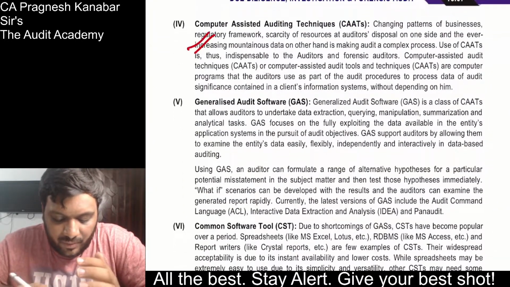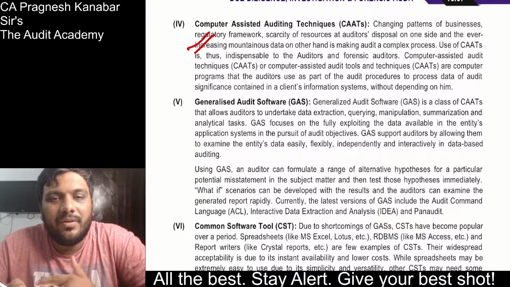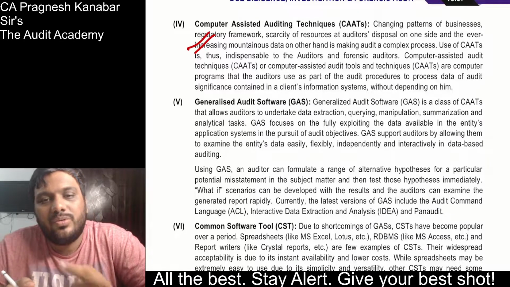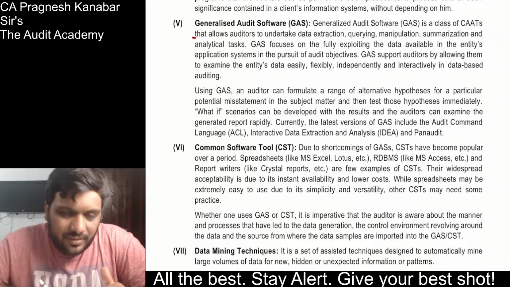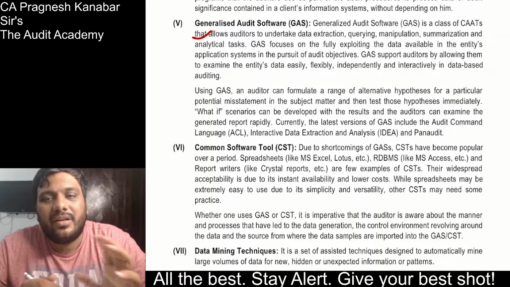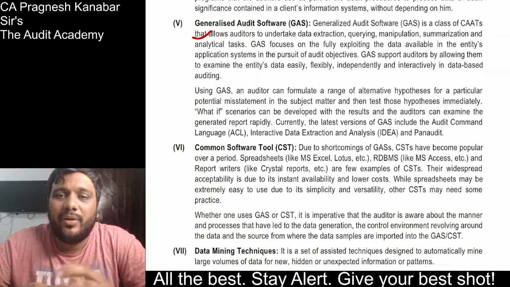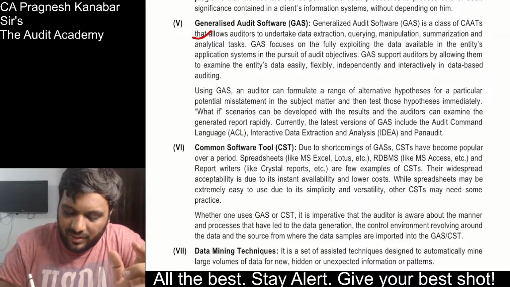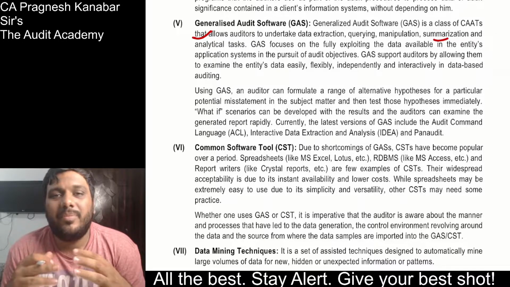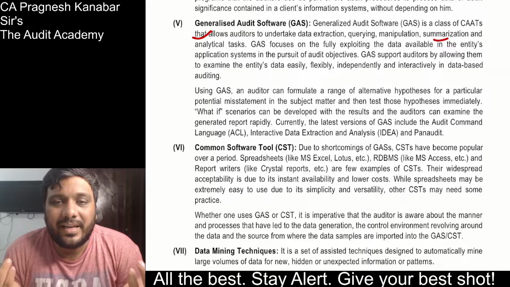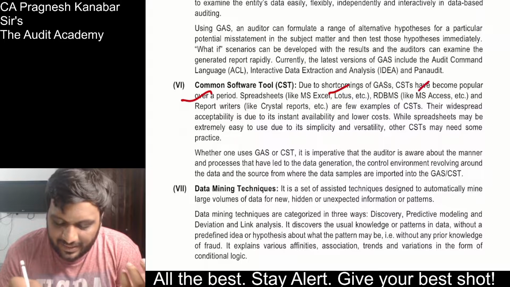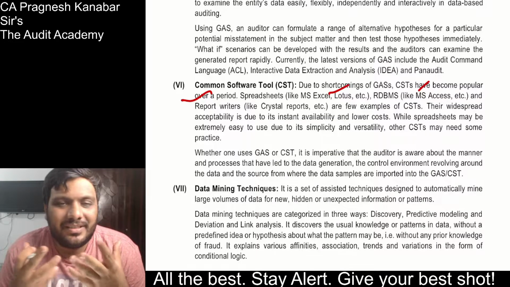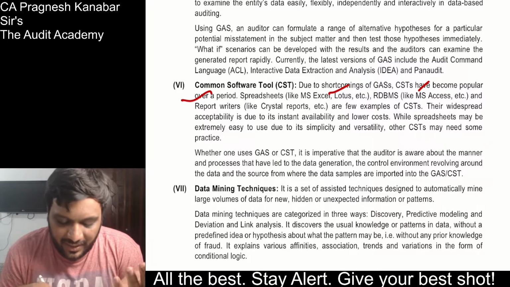Next, CAT, computer assisted audit techniques, which we use in audit in an automated environment, so using computers for data analysis, correct? Then they have given an extended answer of generalized audit software, to help in selection of transactions, help in analyzing summaries and doing some analytical tasks. Then common software tools like MS Excel. These are similar to the things that come under general audit software.